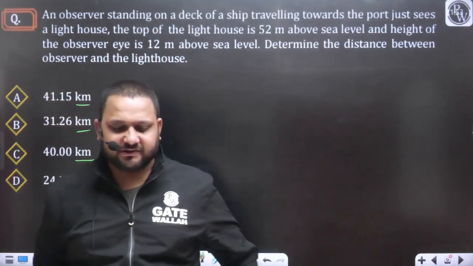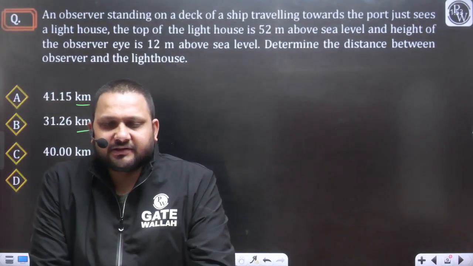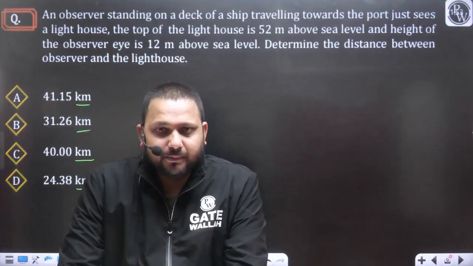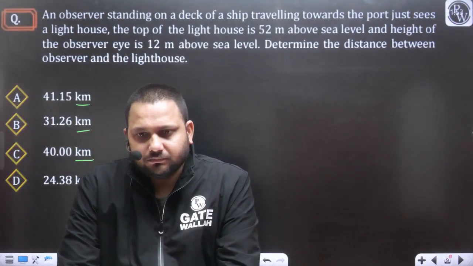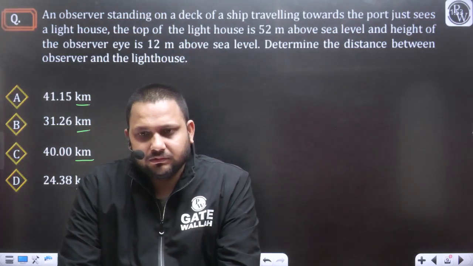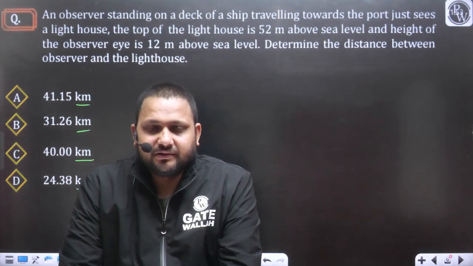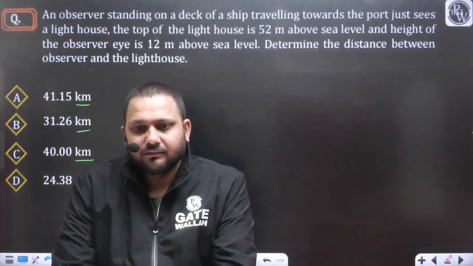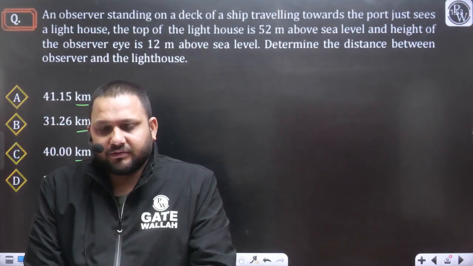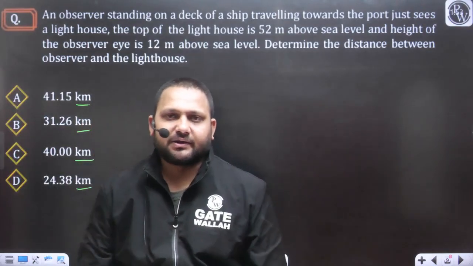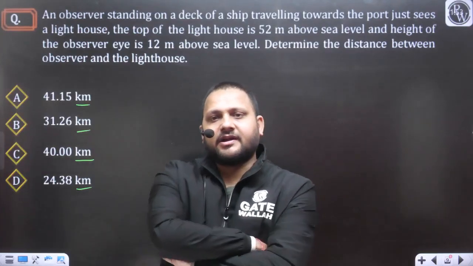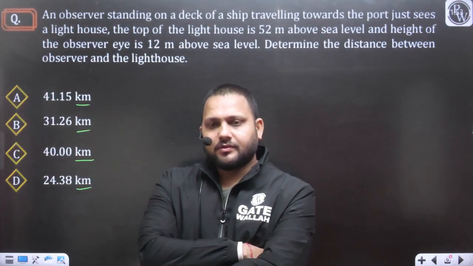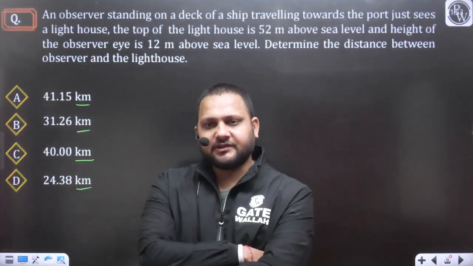That's why whenever I discussed the curvature correction, the refraction correction, the combined correction, or the distance of the visible horizon, you should not miss it, dear, because in the exam, for this silly mistake you will get negative marking, no matter whether you made that mistake intentionally or unintentionally. Yes or no? So take proper care of these things.